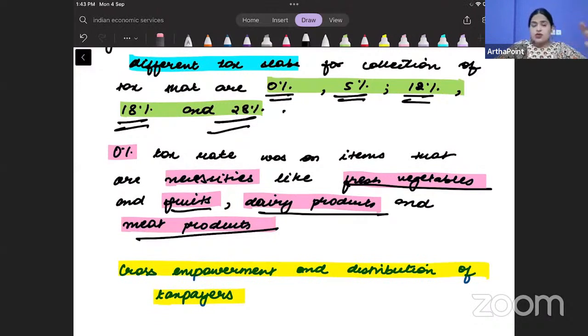But on the other goods, suppose some product is under 18%, then in some meeting the GST Council can put it under 28%. That's flexible, right? It does not mean that a product in one slab cannot go under another slab. In every meeting that the GST Council has, they can bring some amendments. You should be aware of that.